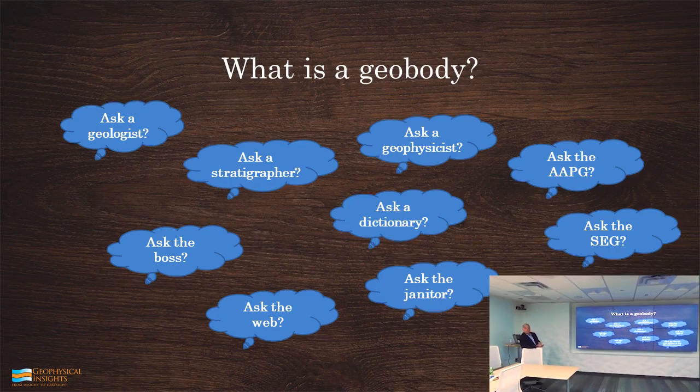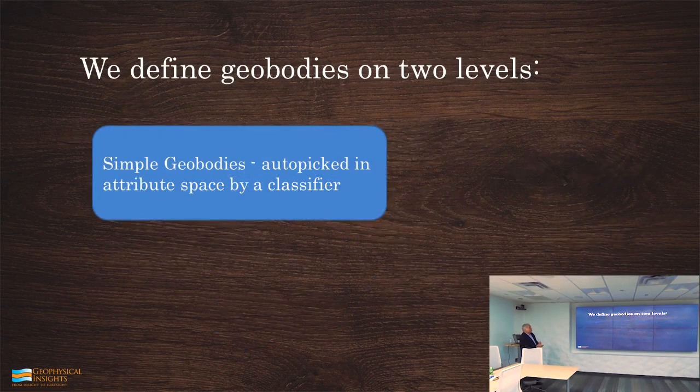Well, everybody's going to have a different answer on that, but I'm going to define it in one of two ways. We'll take the result of the machine learning, and we're going to auto-pick those things. In that process of auto-picking, the results are delivering to us simple geobodies.